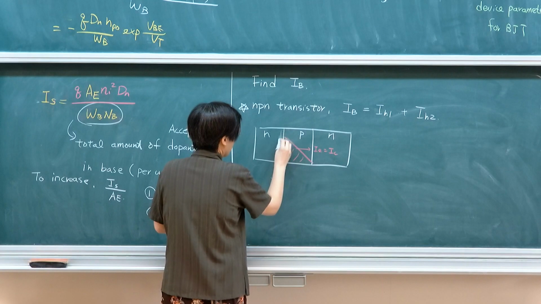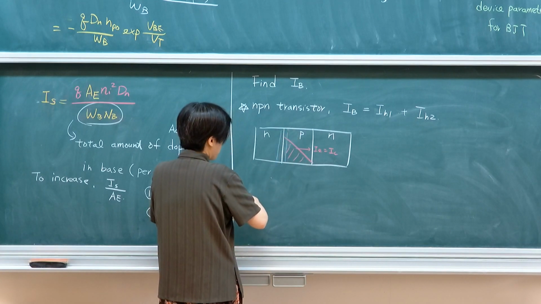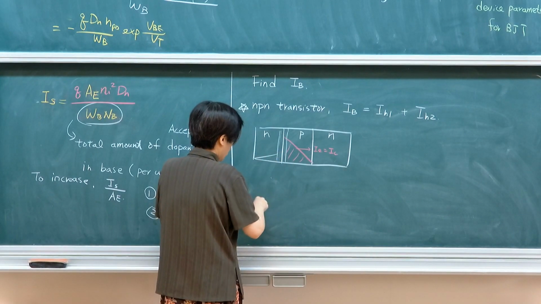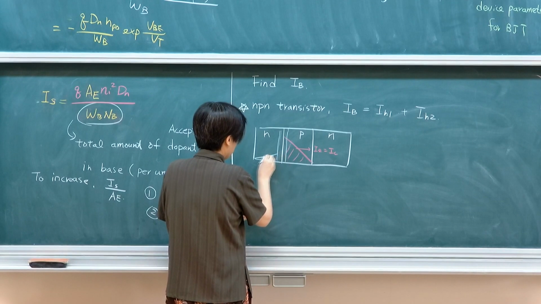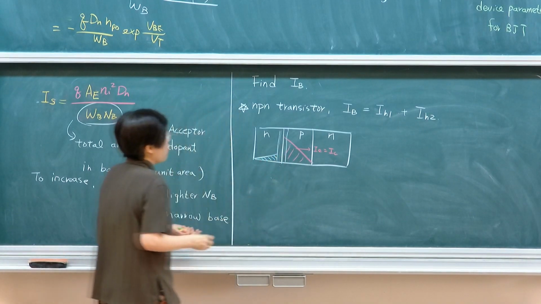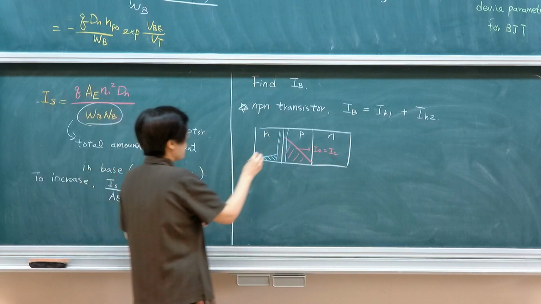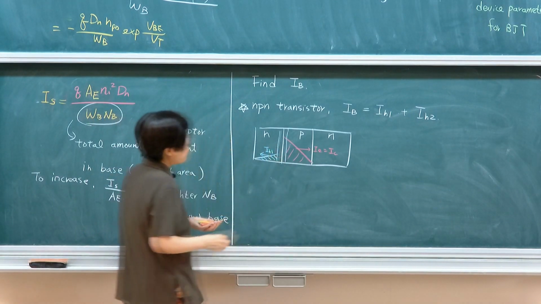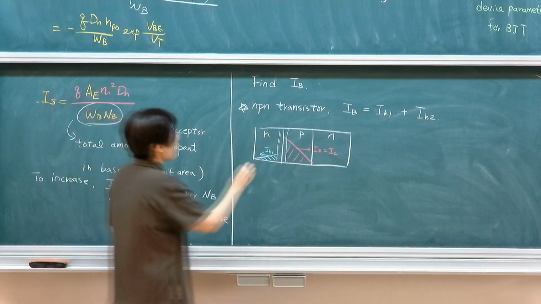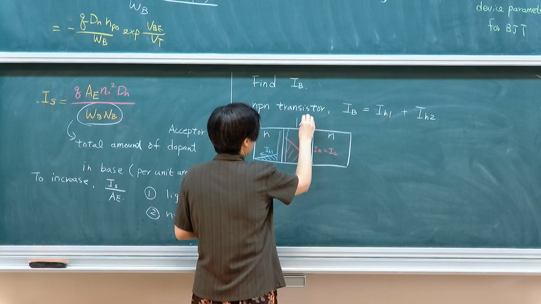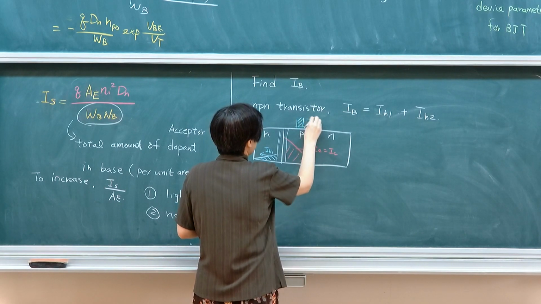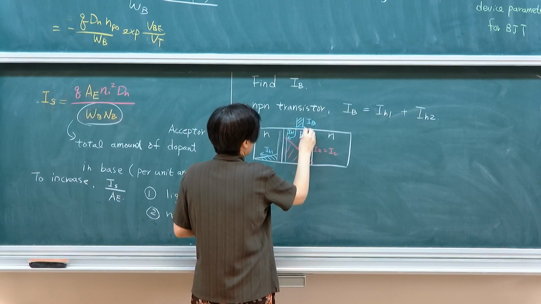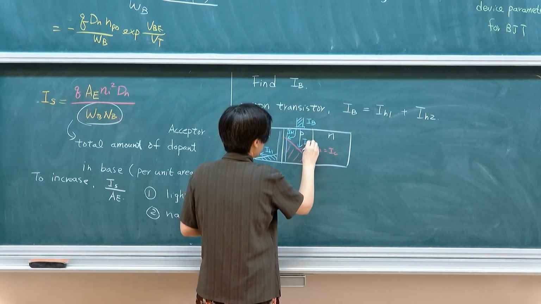And you can see that I deliberately make a difference. So I will then have a hole current diffuse into here. So this is IH1, and there's the IH2. If you have base current coming in, this is total base current. There will be IH1 going to the emitter, and there will be IH2 going to the base itself.